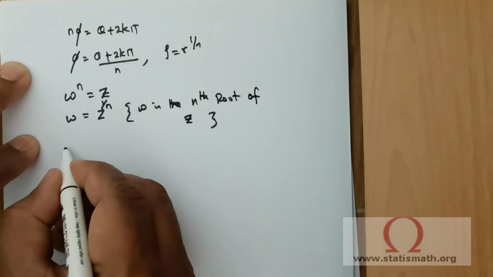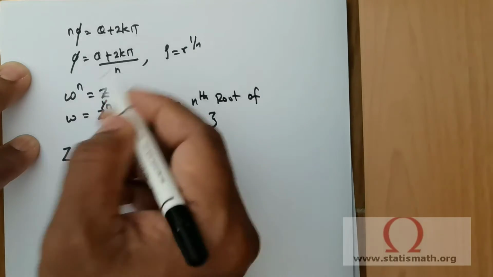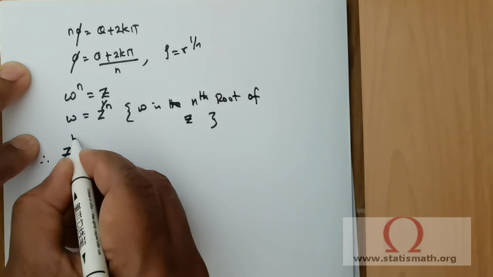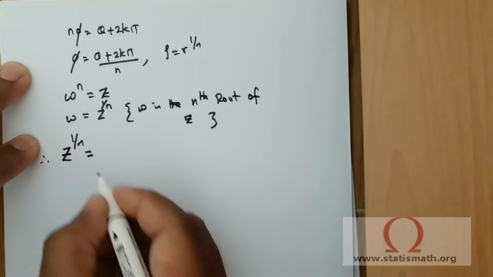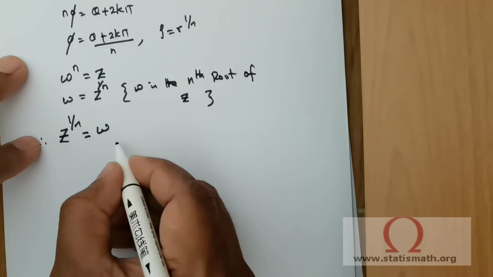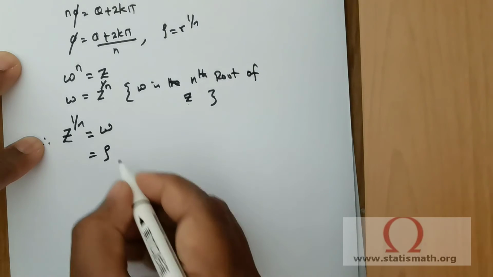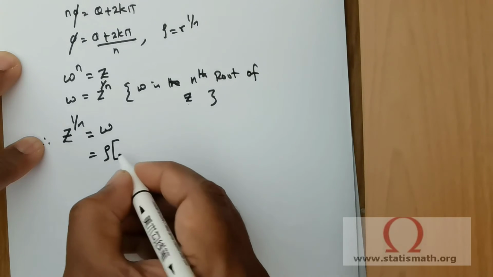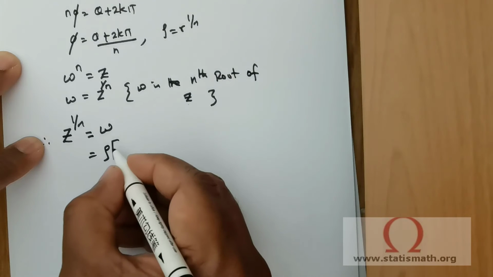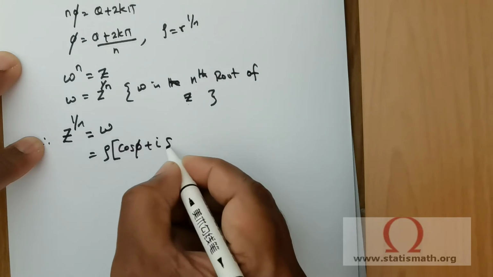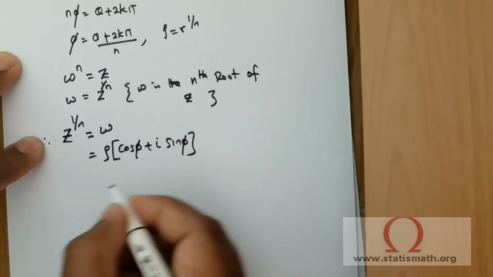So if I club all the information we have got, z raised to the power 1 over n is equal to omega, which was taken as rho times cos phi plus i times sin phi.